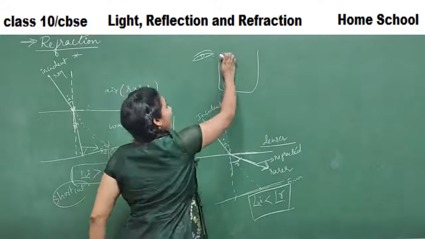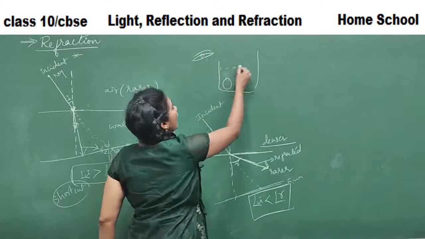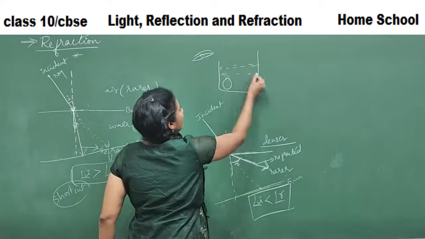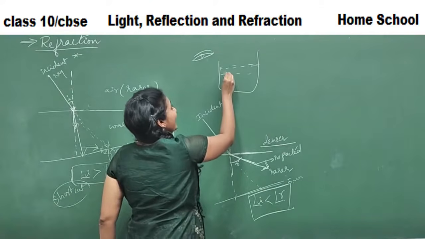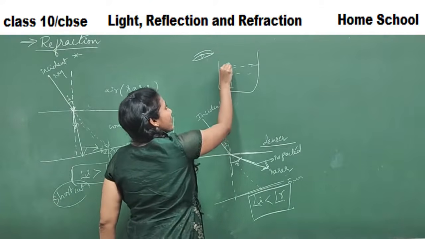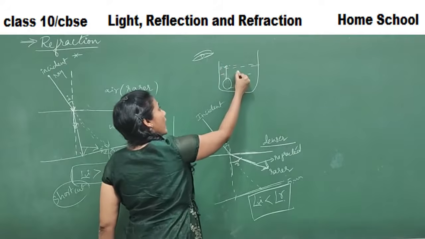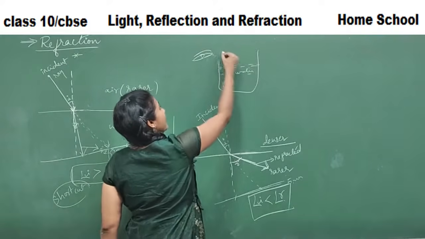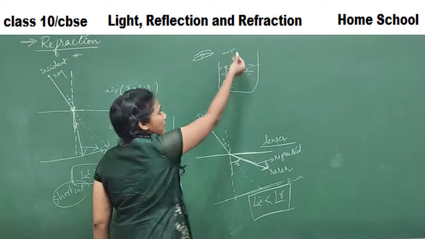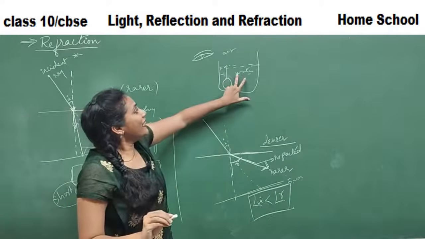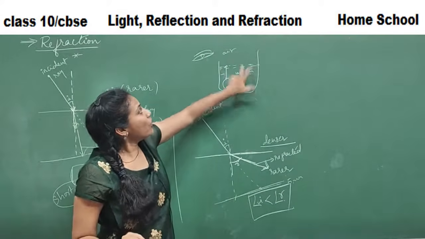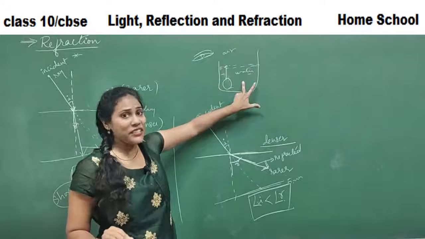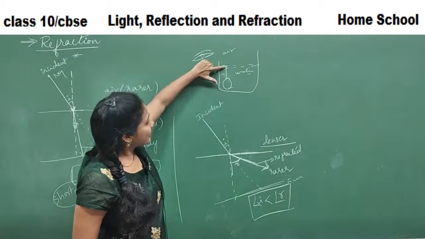But the moment I fill the beaker or bowl with water, what happens? The light ray reaches here, and this is water, and outside I am standing in air, right? The outside atmosphere is full of air. So my light ray is traveling from water to air. That means the medium is changing. So what happens to this ray?